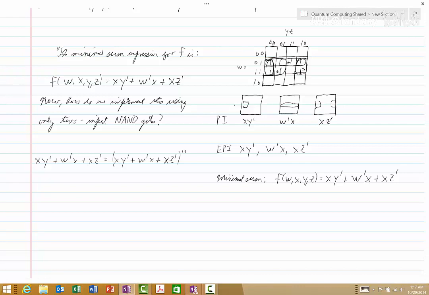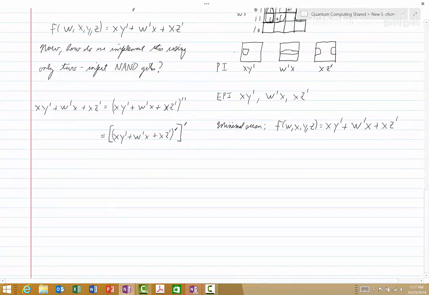You'll see why we want to write it that way in just a moment. So we consider it as xy prime, or w prime x, or xz prime, and then another prime outside.